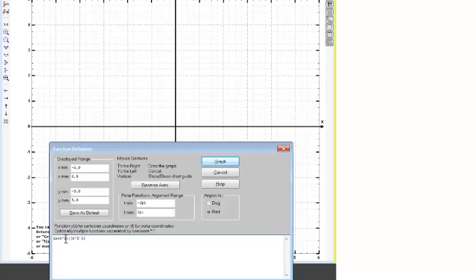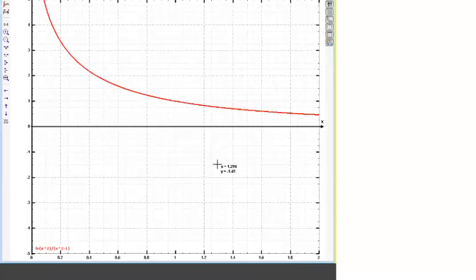So we have the natural log of x squared divided by x squared minus 1. And we're looking for the limit as x approaches 1. So let's change the limits here. We'll go from 0 to 2. I don't know what y is going to be, so we'll just plot it and see what happens.